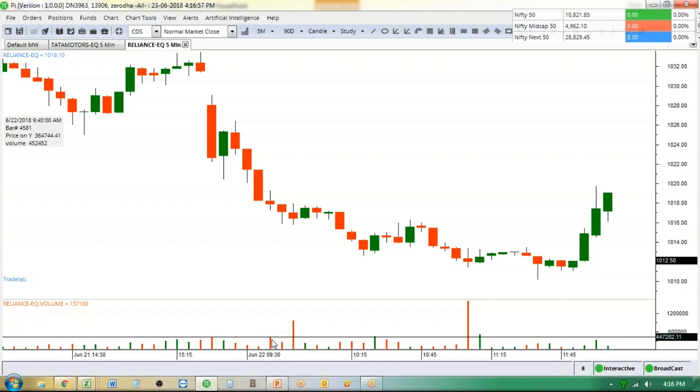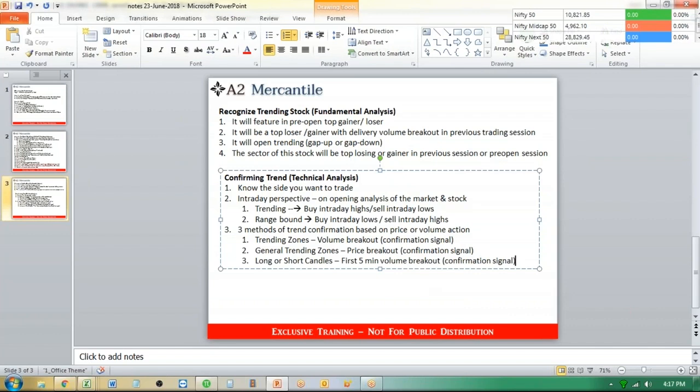Say for example somewhere here, this place which is 9:40. This candle is red in color. So this is confirming that short creations have happened. We are currently only in the trend confirmation phase. So the confirmation signal would be the first 5 minute volume breakout.